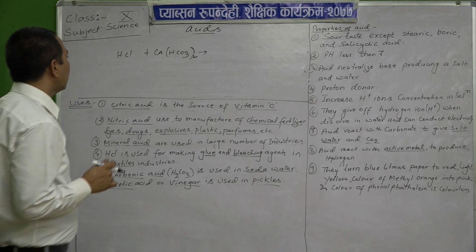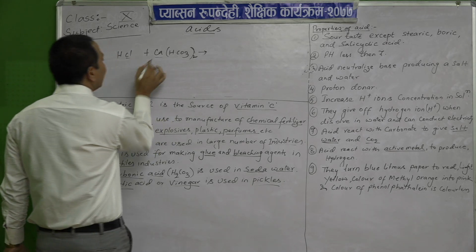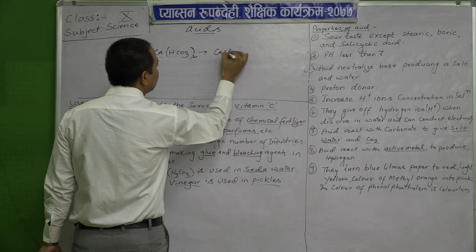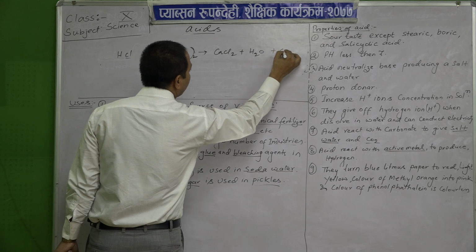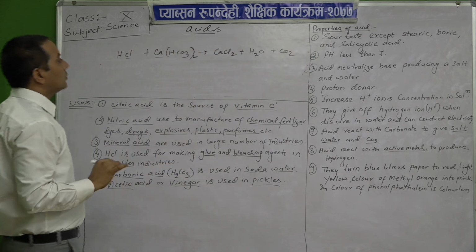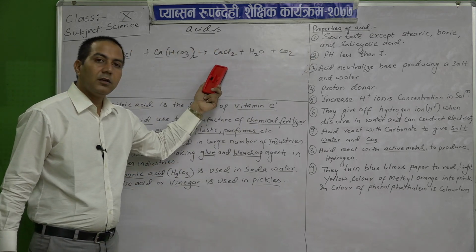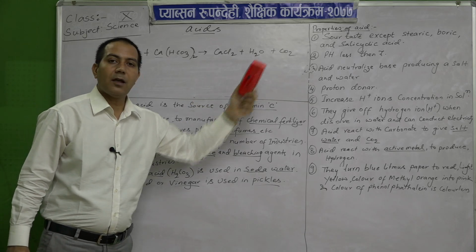It produces calcium chloride CaCl2 plus H2O plus CO2. So, it produces salt, water and carbon dioxide.